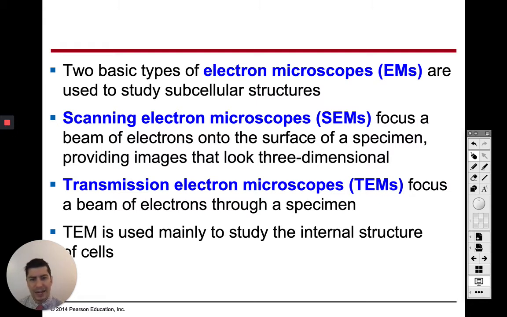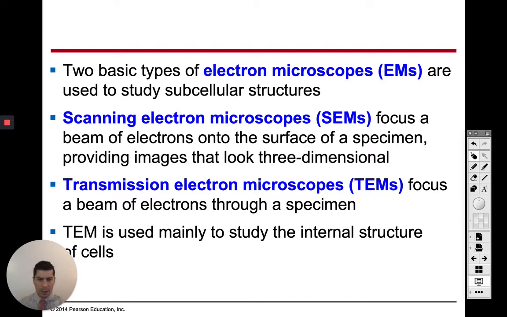Those electrons are going to hit the surface and get bounced or refracted. When that happens, we're able to see how far away the specimen is from the point where the electrons are being fired out.